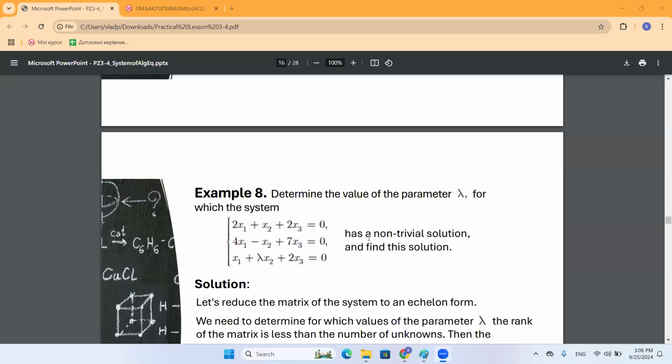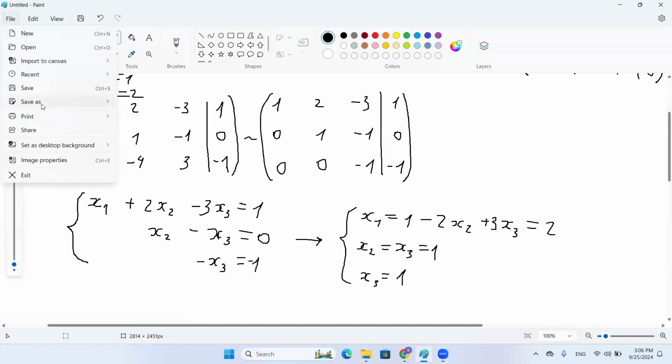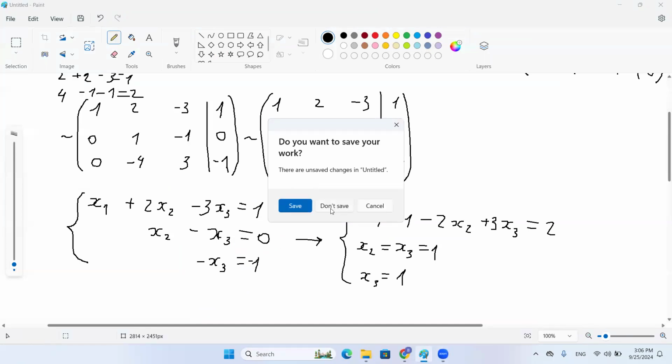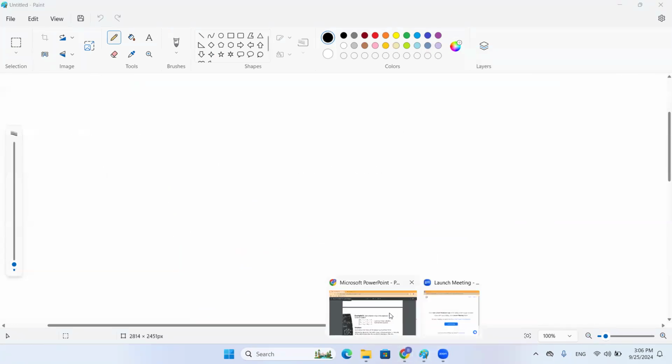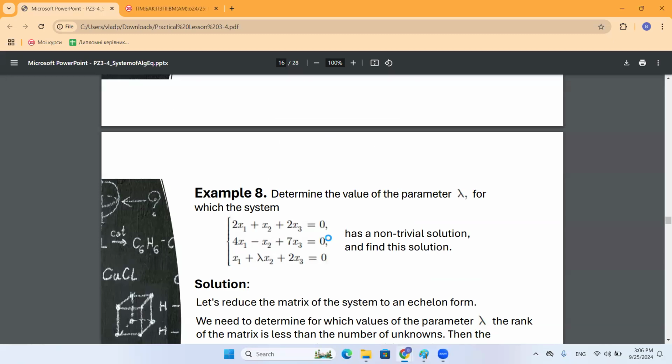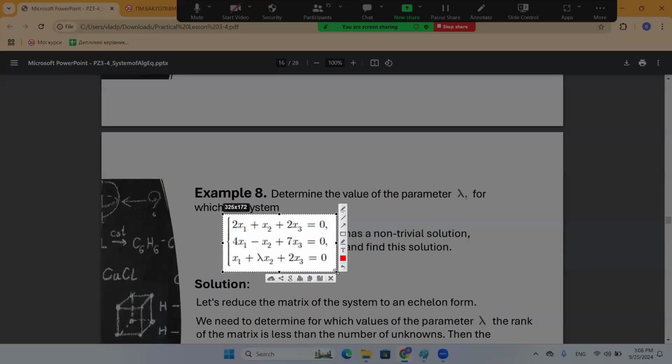Okay, and what are we going to do now? Let me share my screen, and we will check when this system has non-trivial solutions, depending on the parameter lambda. Let me copy and paste this system. And now we will start.